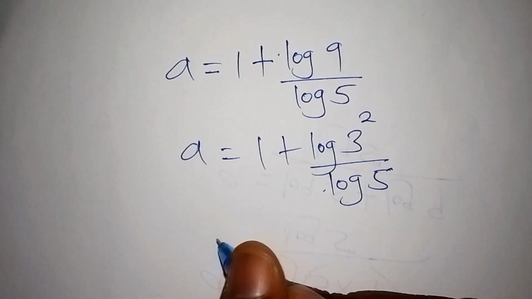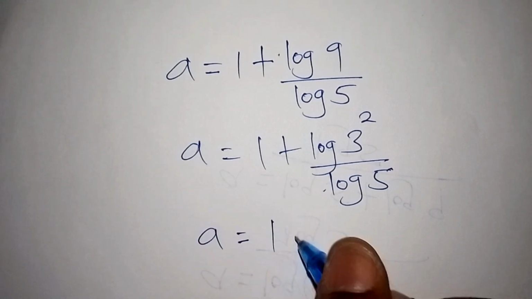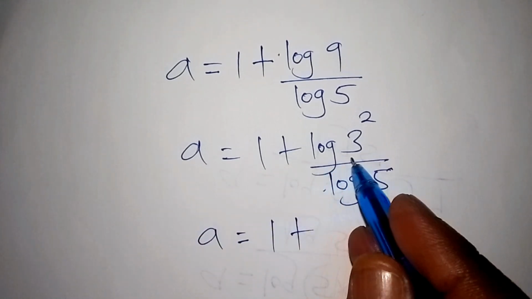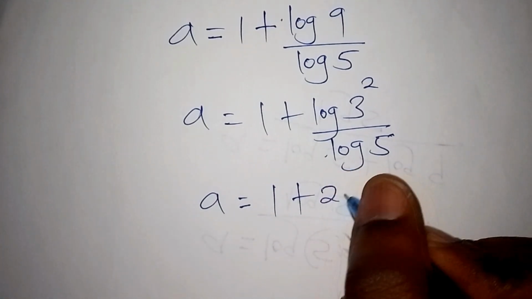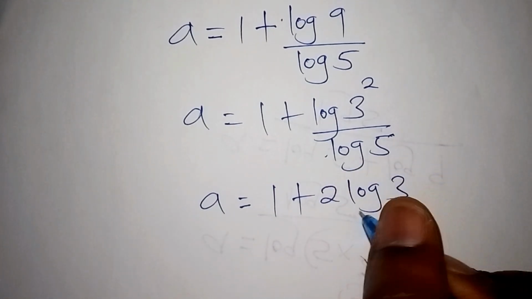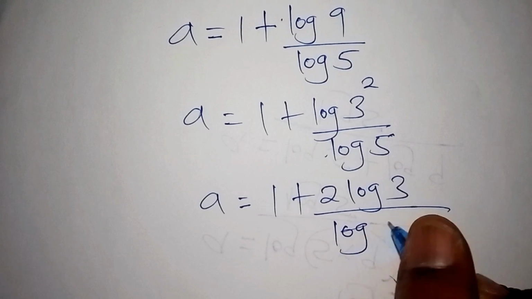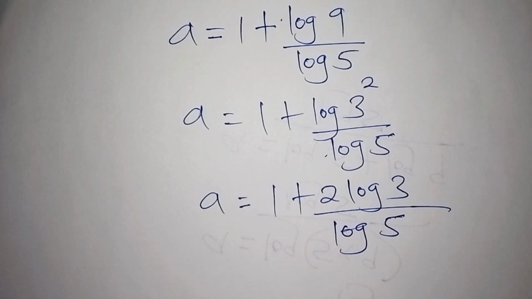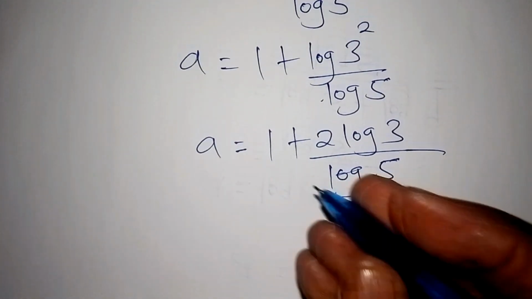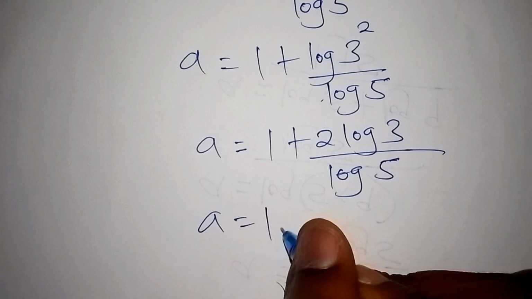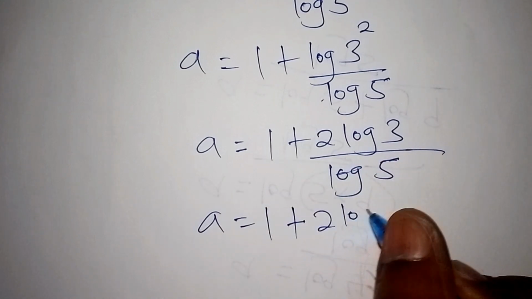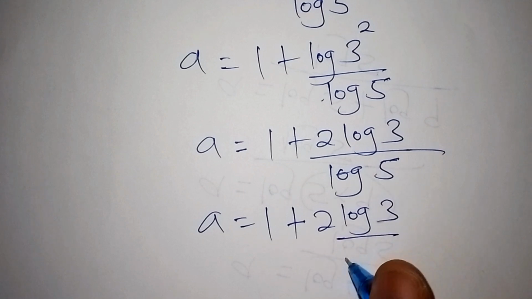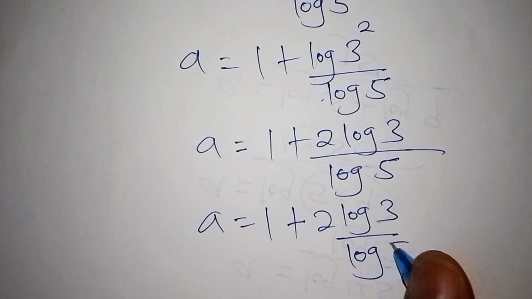So a is equal to 1 plus the log of 3 to the power of 2, which can also be written as 2 log 3 all over the log of 5. So a is equal to 1 plus 2 log 3 all over the log of 5.